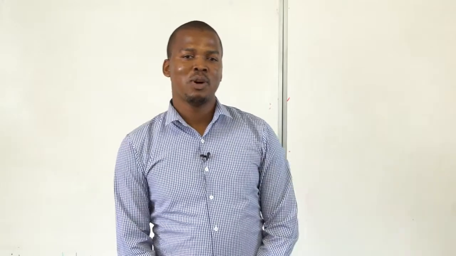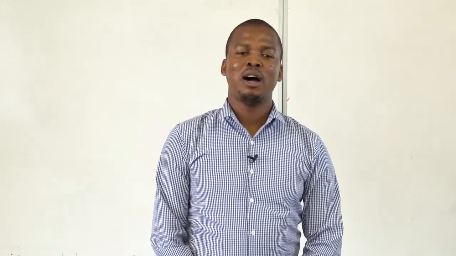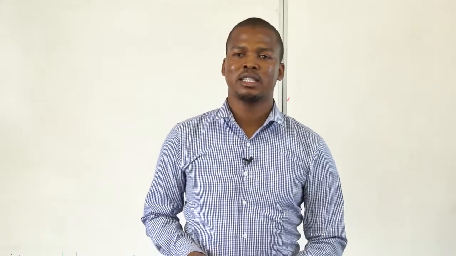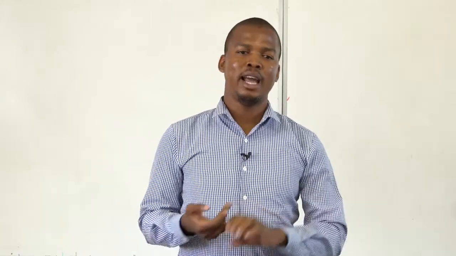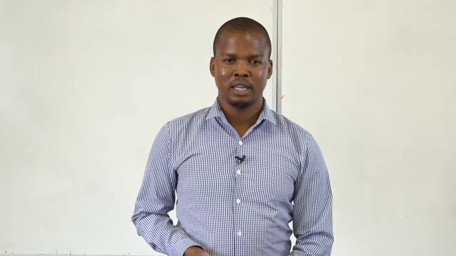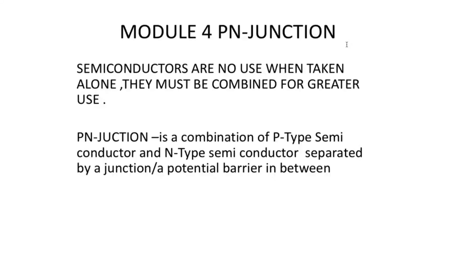If they ask you what is a P-N junction, from our previous lesson we learned about the P-type semiconductor and the N-type semiconductor. On our Module 4, we are introducing a combination of them both. Semiconductors are of no use when they are working alone.